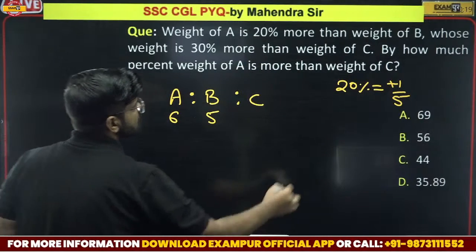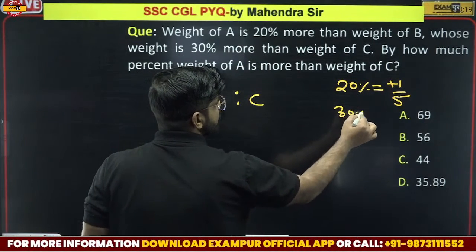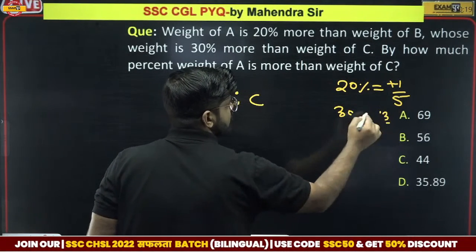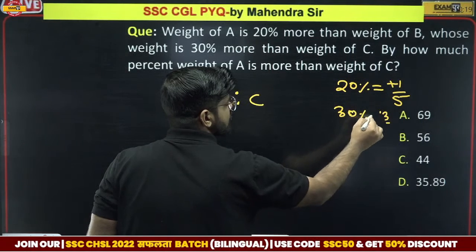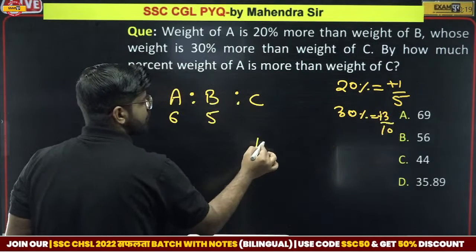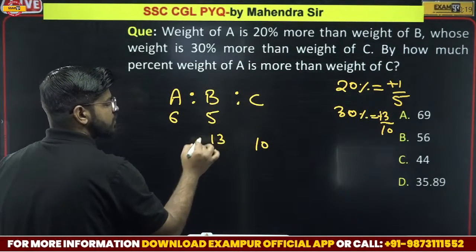Similarly, what is 30%? Plus 3 by 10. That means on 10 we increase by 3, so this will be 13.